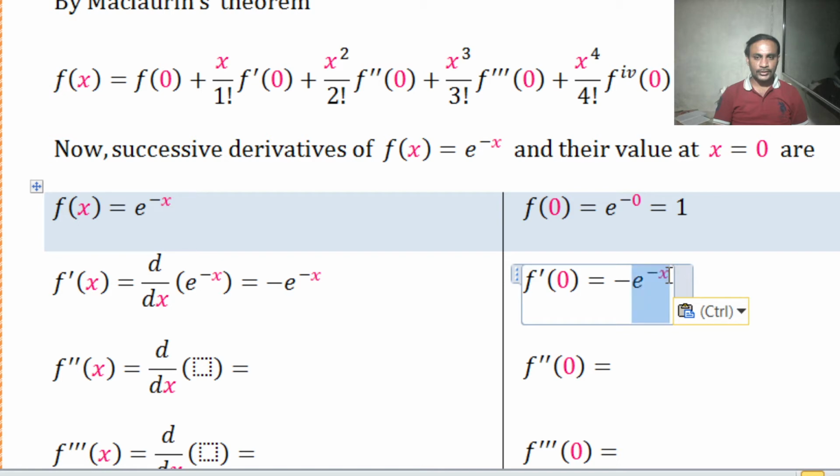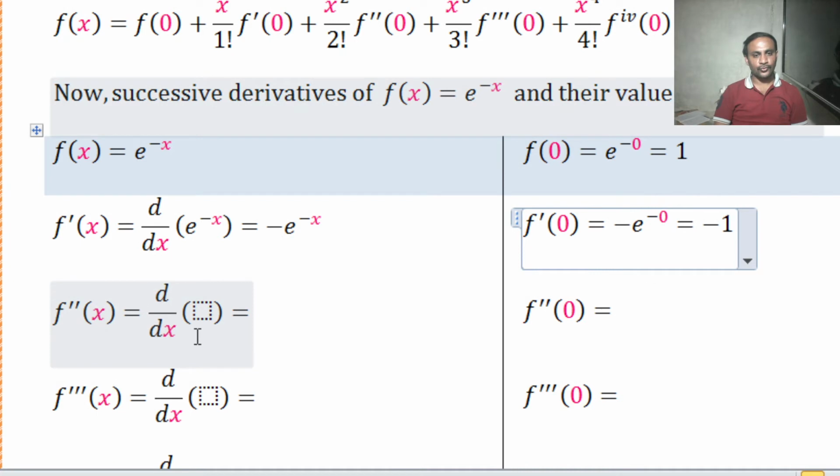0 in this f dash of x, we get e raised to minus 0. So after simplification we get minus 1.